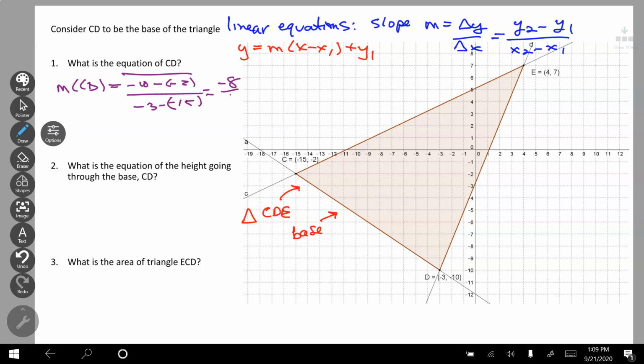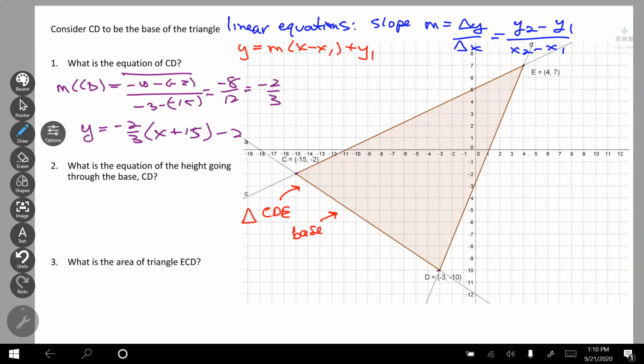I get -8 over 12 or -2/3, and CD is definitely going downhill. And I'm going to use point C, and I get y equals -2/3 x plus 15 minus 2. I could use the other point if I wanted to.